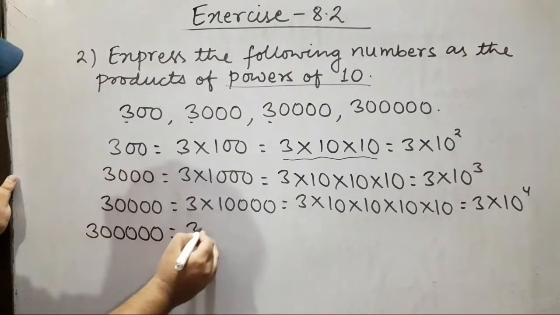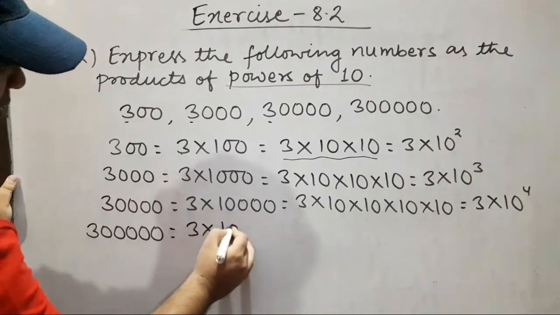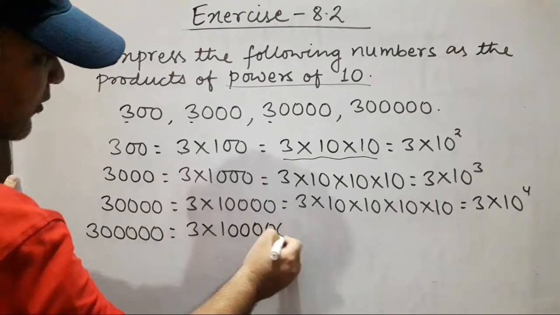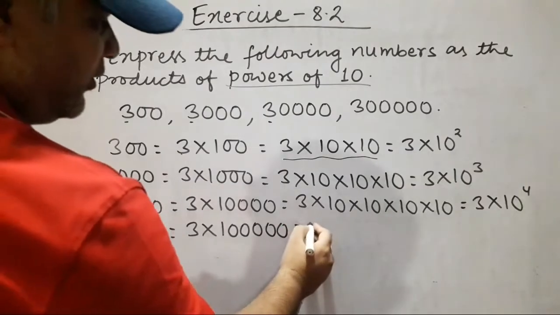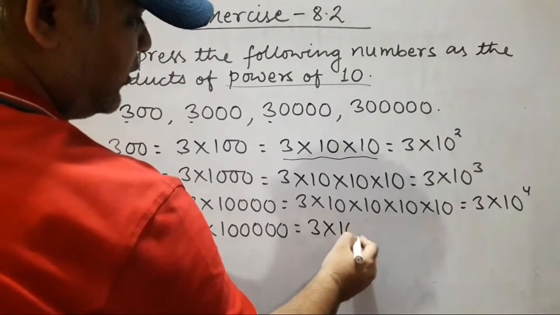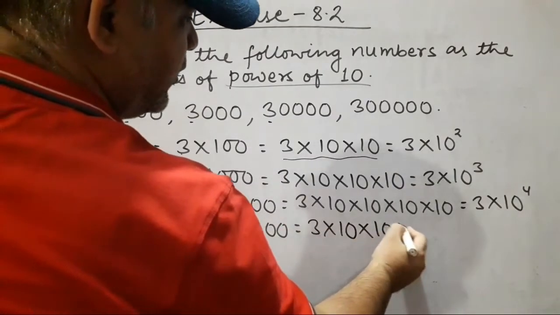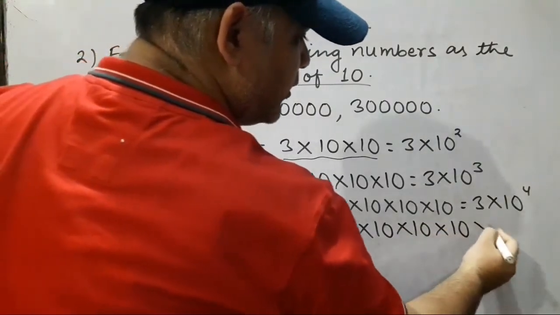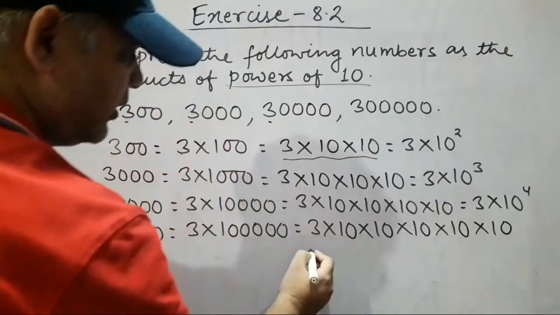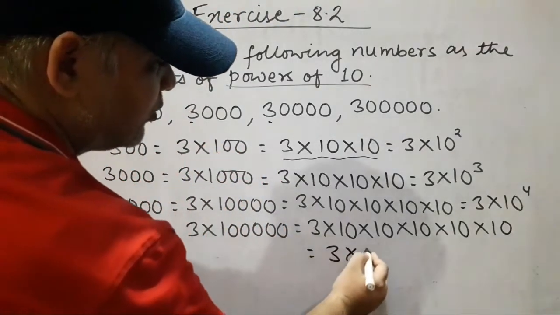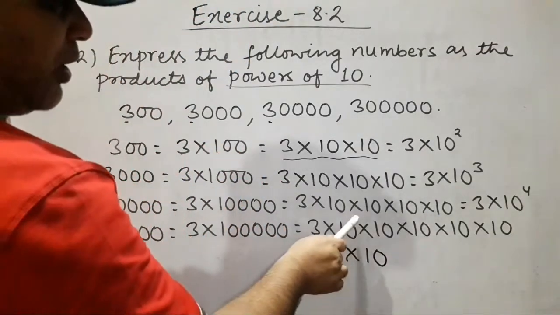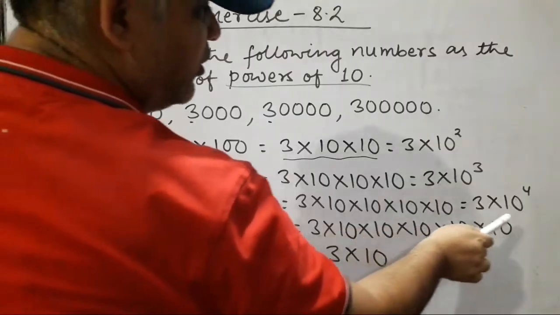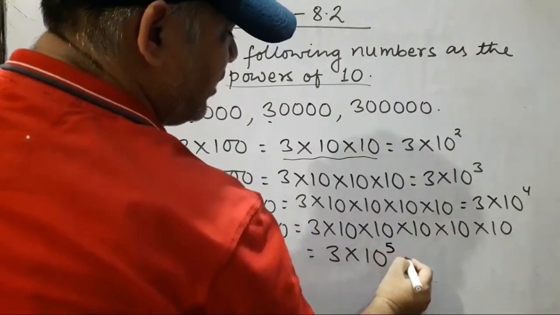It can be written as 3 into 1 lakh. It can be further written as 3 into 10 into 10 into 10 into 10 into 10, and we can write it as 3 into 10 power 1, 2, 3, 4, 5. 10 power 5.